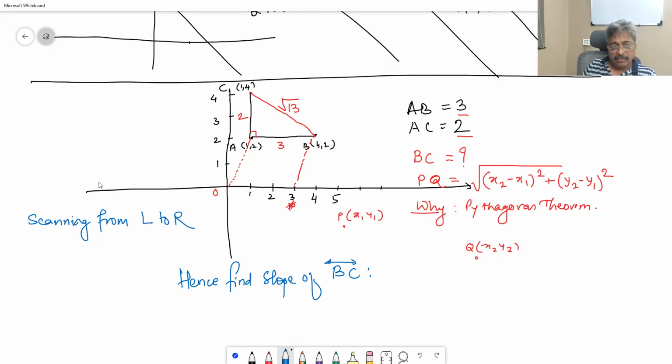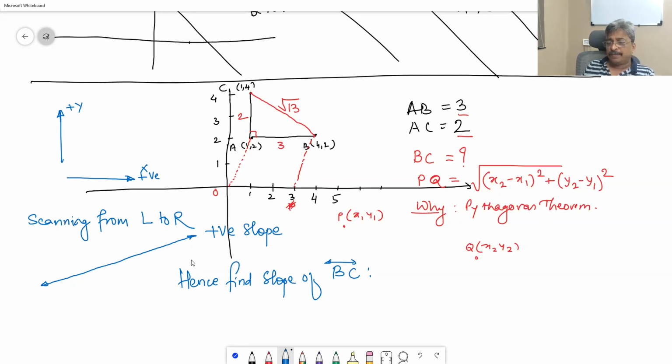When you are moving on the x-axis from this direction to this direction, this is your positive x direction. When you are moving on the y-axis, this is your positive y direction. If you are moving along positive x-axis and along positive y-axis, then it is going to be a positive slope.